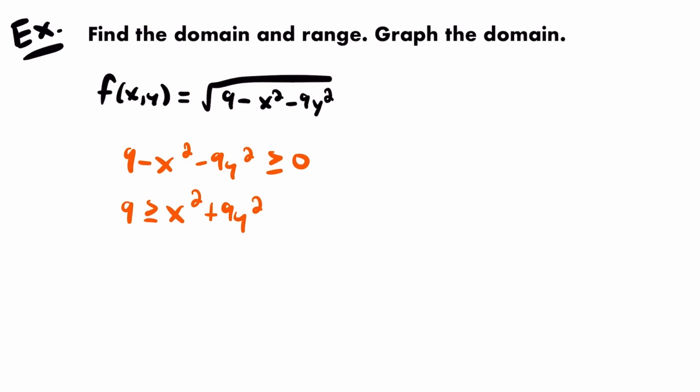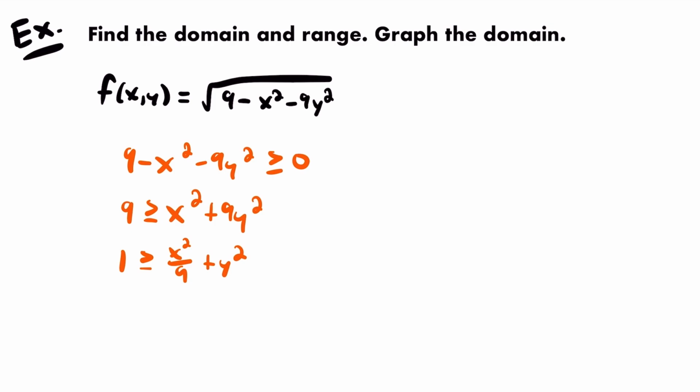We can get it in the standard form if we divide both sides by 9. If you do that, you'll get 1 greater than or equal to x squared divided by 9 plus y squared. That's really what our restriction is here. And when we go to actually graph the domain, you will see that this directly translates to an ellipse in the xy plane where all the points that we can plug into this function are contained within that ellipse.